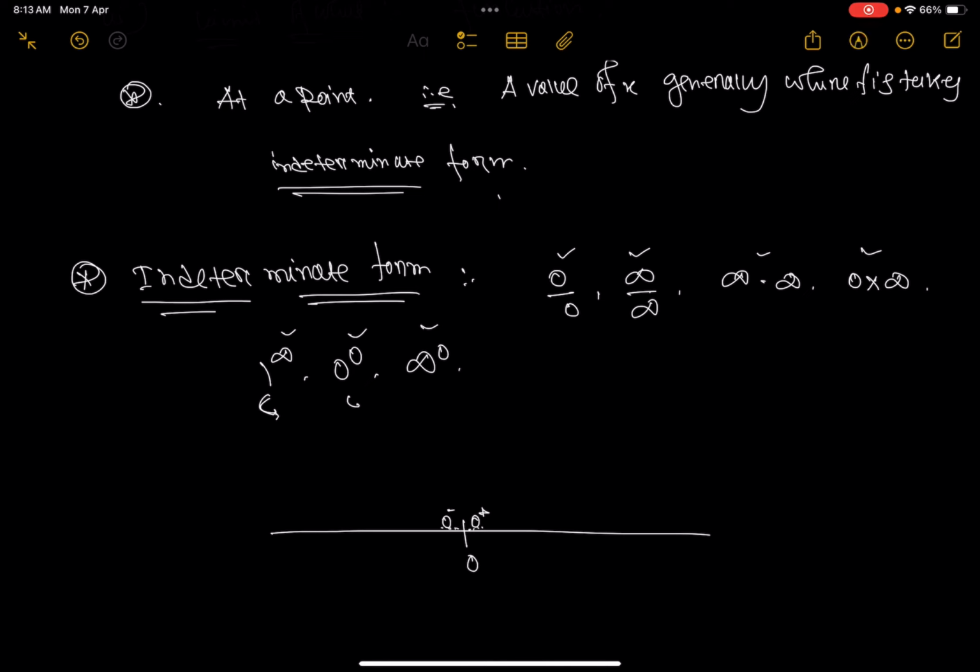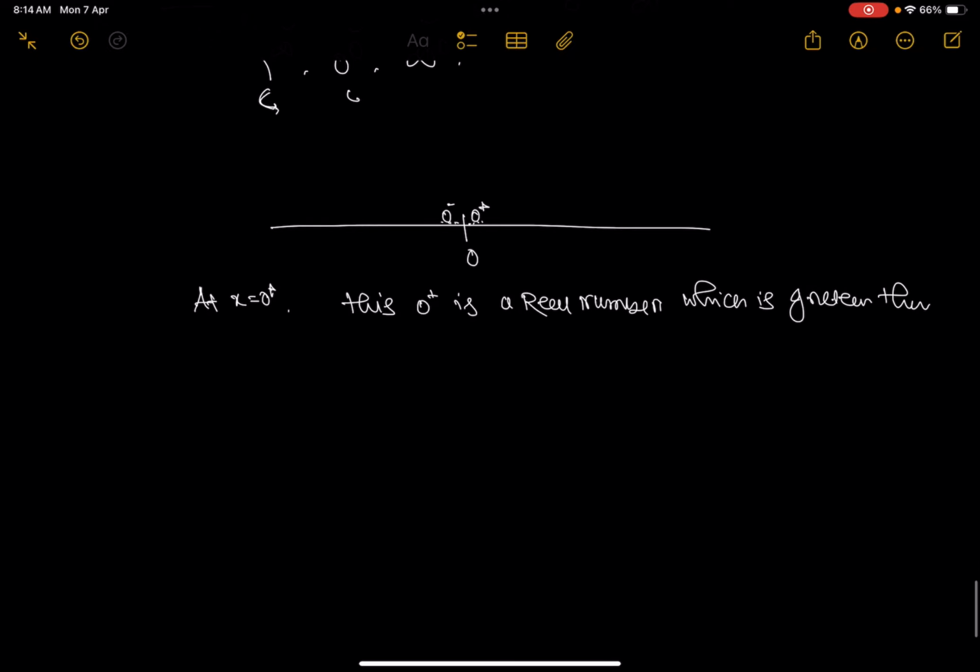So at x equal to 0 plus, what is the 0 plus? This 0 plus is a real number which is greater than 0.